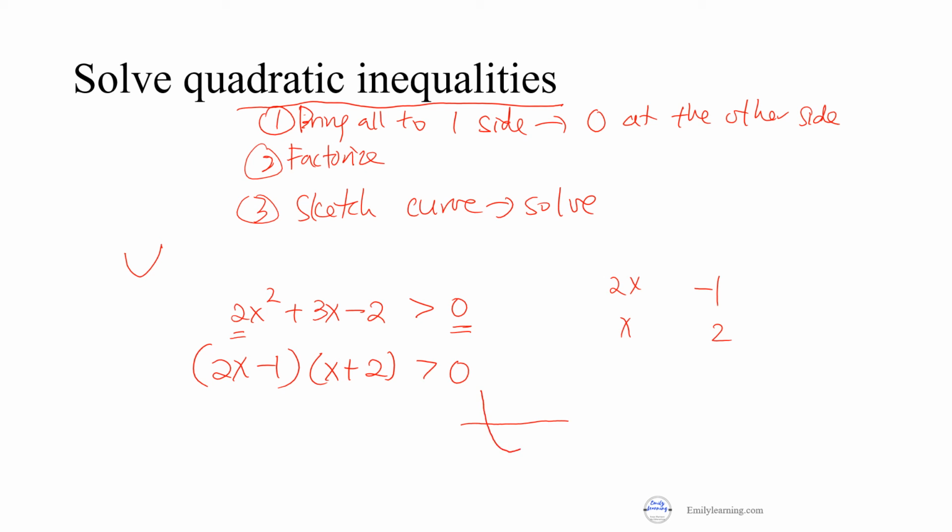When y is equal to 0, I know that x is negative 2 or 0.5. Next I want to look at the part of the curve that is greater than 0, which is this portion here and this portion here. Therefore, x is lesser than minus 2, because at this portion x is smaller than minus 2, or x is greater than half, because at this portion x is greater than half.